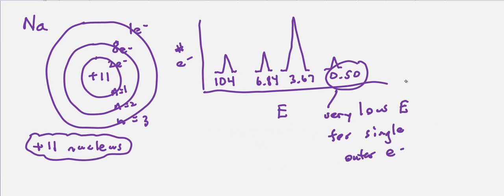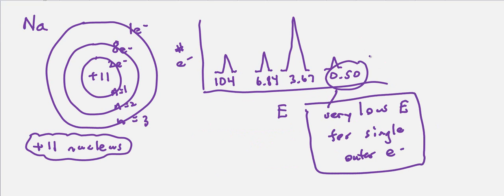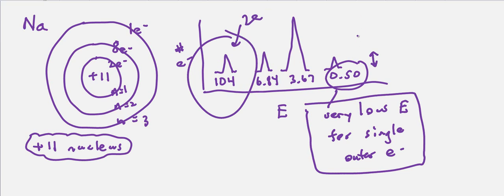We also see we have a very low energy of only 0.50. Plus the peak height is only half as high as what we see for the 104. The 104 energy corresponds to 2 electrons. This peak corresponds to a single electron, which would be the outermost electron at energy level 3, which would require very little energy to remove.